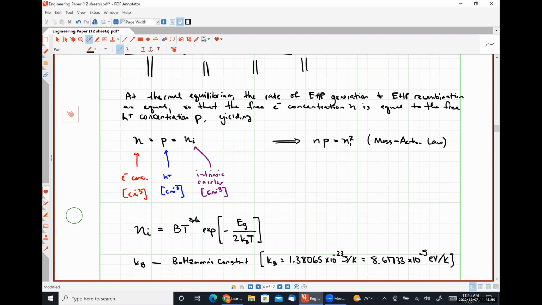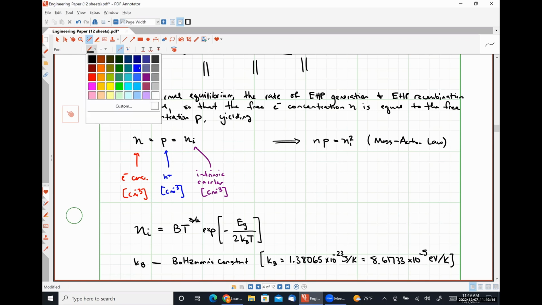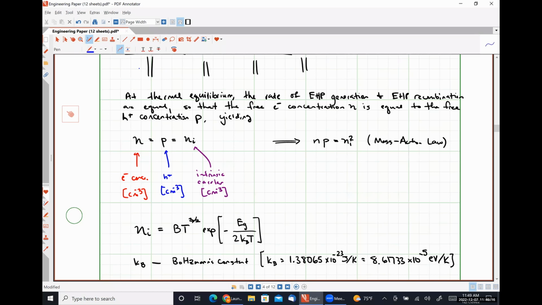It depends on the situation that you're dealing with. If you're dealing with energies in electron volts, use the second one. If you're dealing with energies in joules, use the first one. They're the same thing. Let me talk about this very briefly, because this is something I see a lot of students, both undergrads and graduates, make a mistake on, and that is what the unit of an electron volt is.